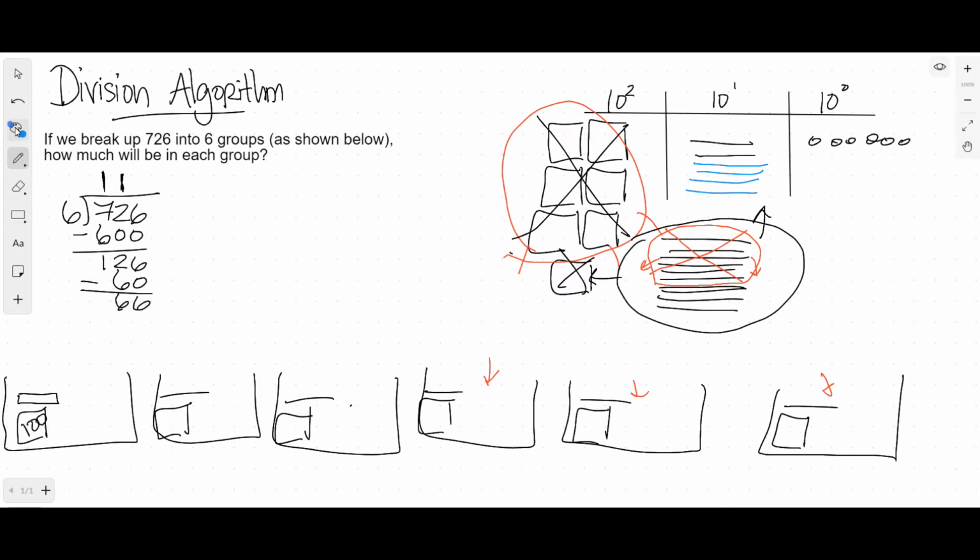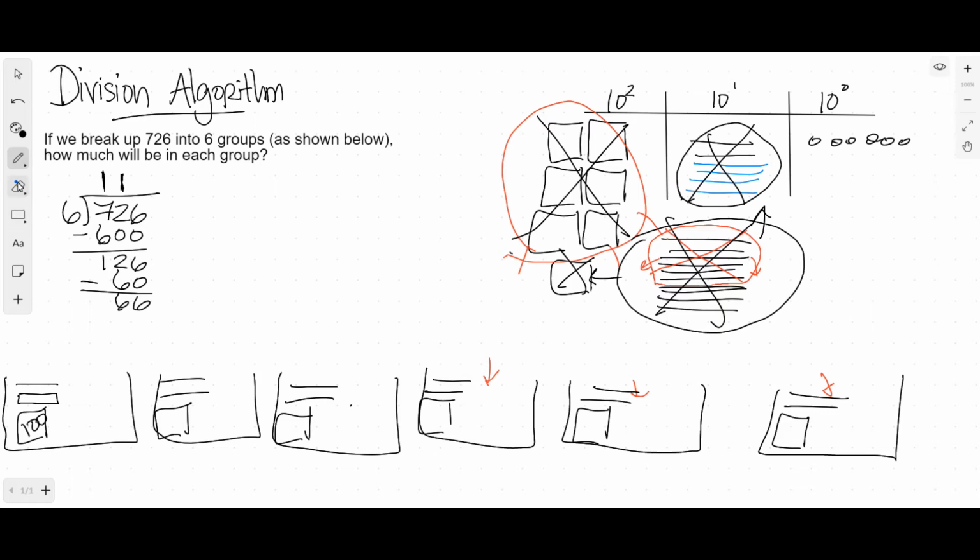And lo and behold, that opens up another amount that we can take out, because I now have 1, 2, 3, 4, 5, 6. I can take out another group of 6. So this is all gone because those have been moved into there. And this group of 6 is going to get split up inside there as well. So 1, 2, 3, 4, 5, 6.